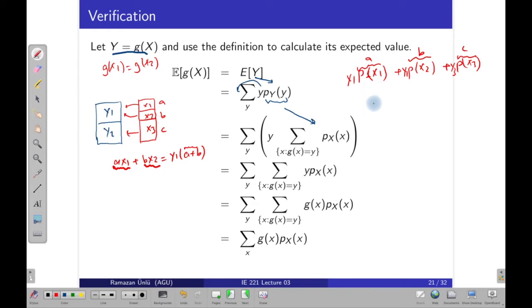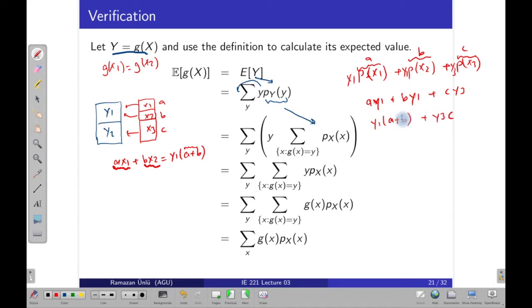So here it will be a times y1 plus b times y1 plus c times y2, right? So what is this part? It is a plus b times y1, plus c times y2.